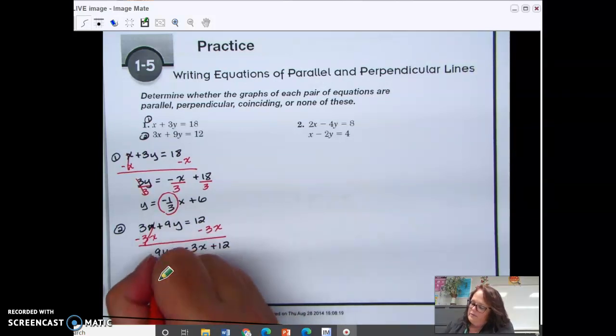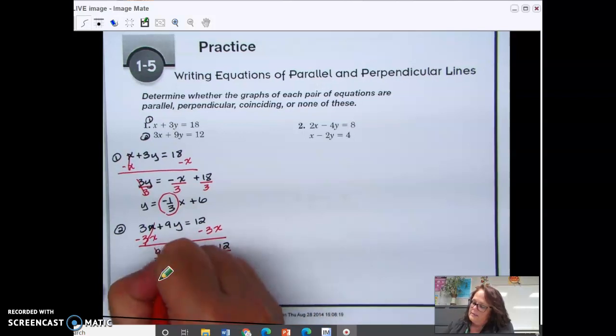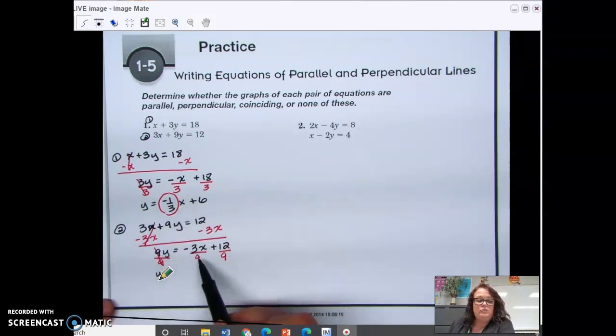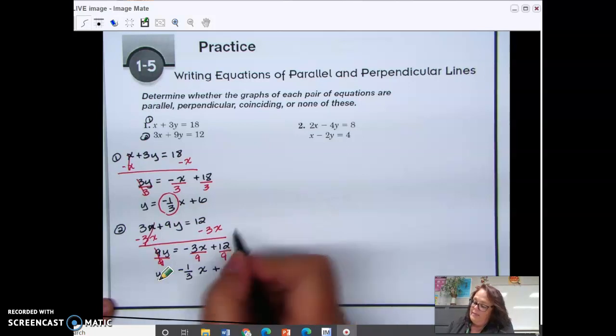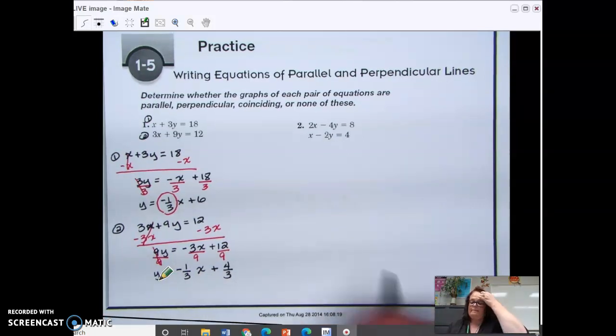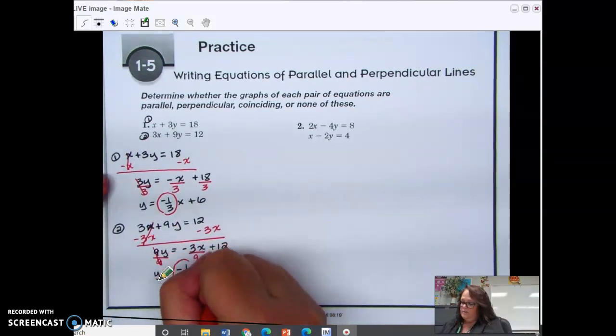And then if I divide everything through by 9, these cancel and we get y is equal to, now if I reduce this by 3, 3 goes into 3 one time and into 9 3 times. And then this one would reduce to 4/3, dividing the top and the bottom by 3. But remember, the important piece is this -1/3.